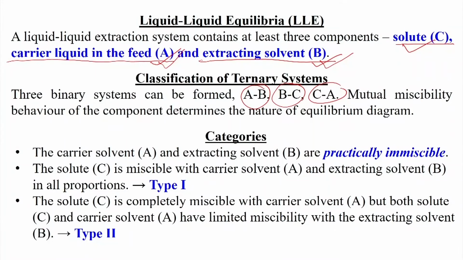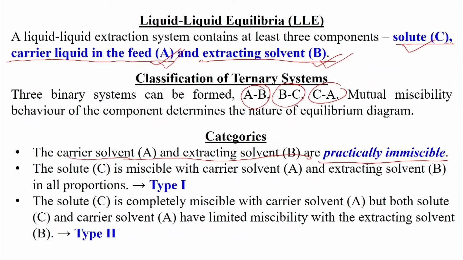The mutual miscibility behavior of the components determines the nature of the equilibrium diagram. So, what type of equilibrium diagram there will be is determined by the mutual miscibility of A, B and C. The first system is where the carrier solvent and extracting solvent are practically immiscible.